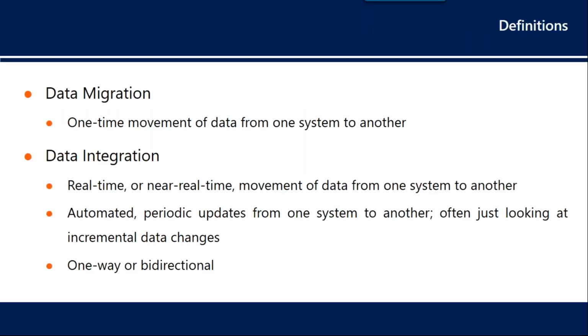The content today will be about various types of data integration in general, to do with Microsoft Dynamics CRM, both CRM Online and CRM On-Premise. Data migration is the movement of data from one system to another, usually one-time, whereas data integration could be an ongoing movement of data from one system to another.